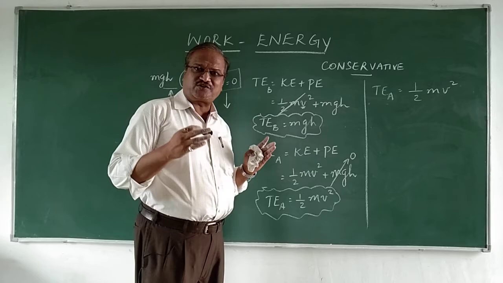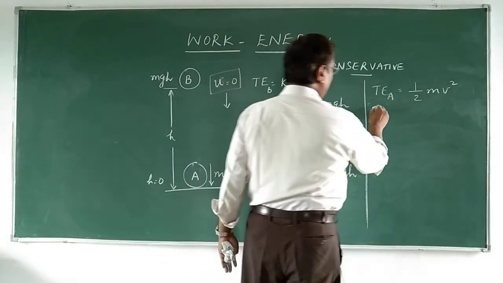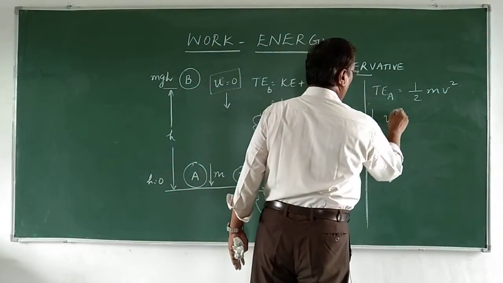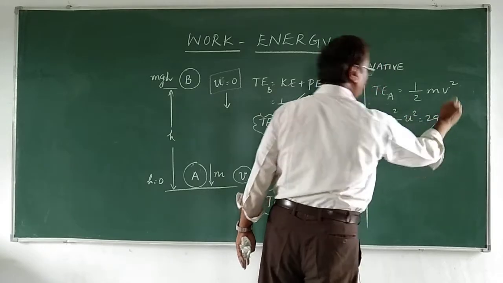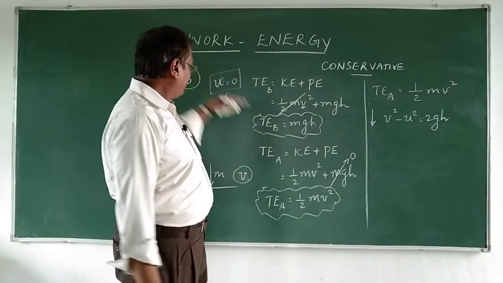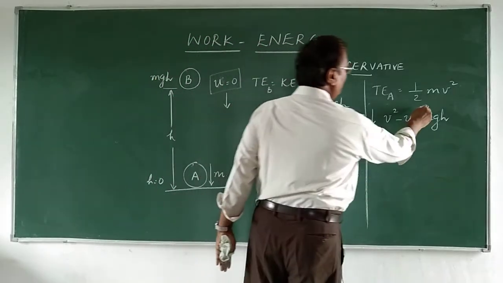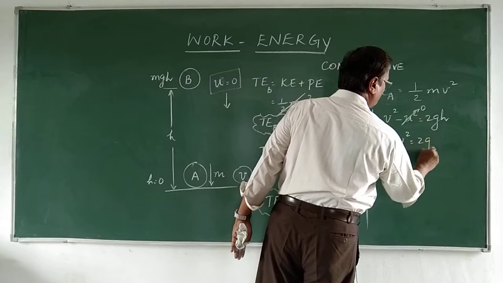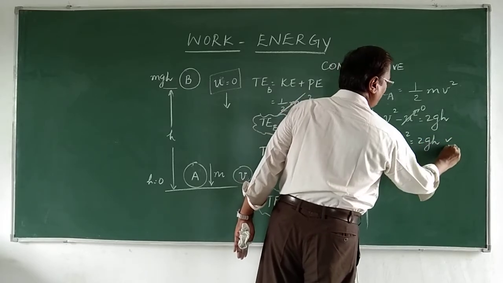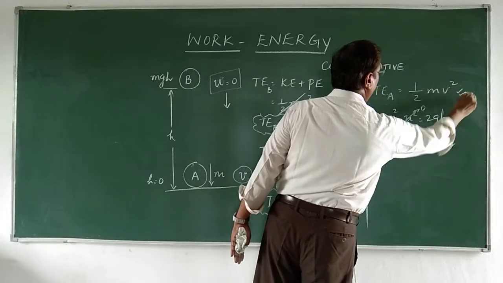Take the third equation of motion. For vertical motion, v square minus u square is equal to 2gh. We know that body is falling down and the initial velocity is 0. So v square is equal to 2gh.